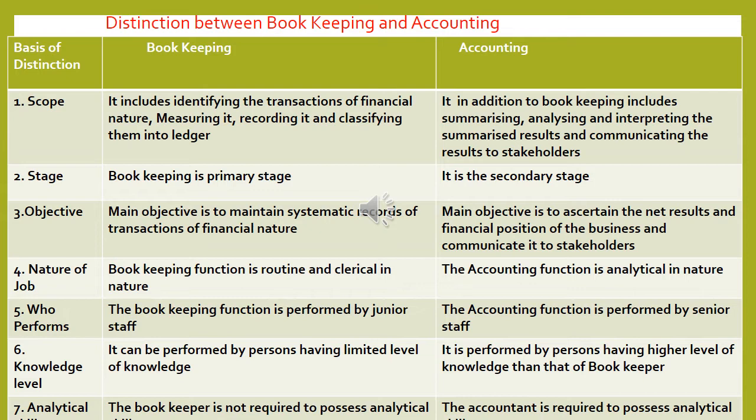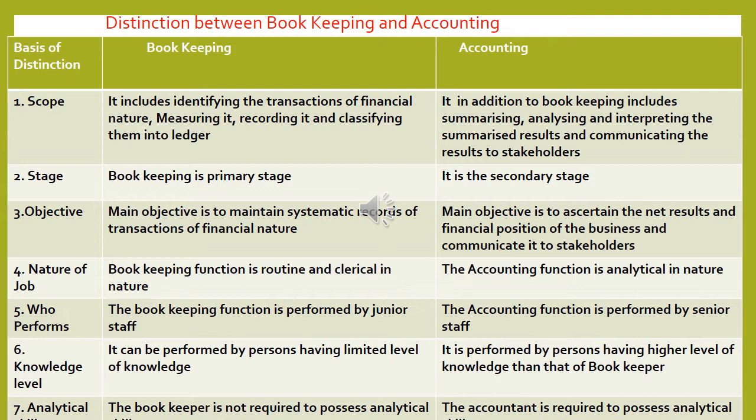In accounting, the main objective is to ascertain the net results and financial position of the business and to communicate them to the interested parties. In bookkeeping, we are just simply recording, but in accounting, we are summarizing, analyzing, interpreting and communicating.